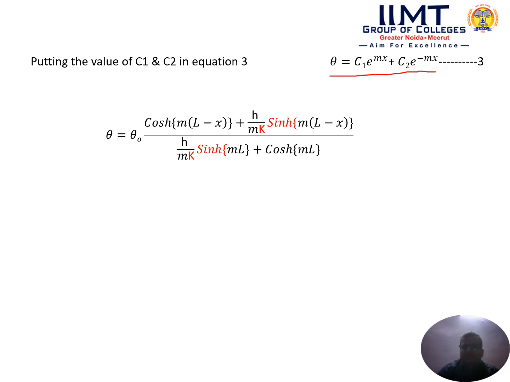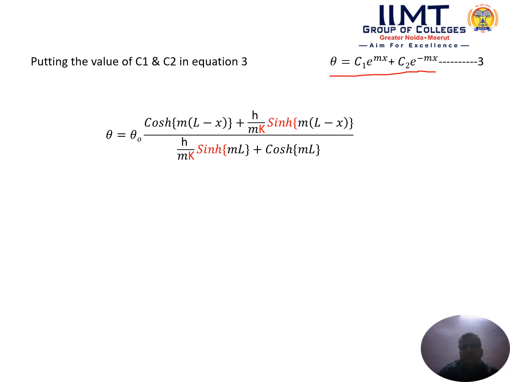Similarly we can get the heat transfer rate, as for case number 1, and a similar concept we have to use here also. The rate of heat transfer from the fin will be equal to the rate of heat conducted into the fin at x is equal to 0.